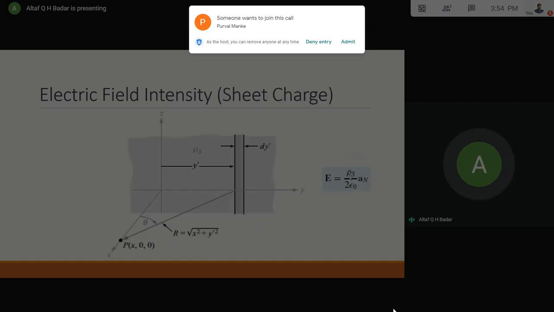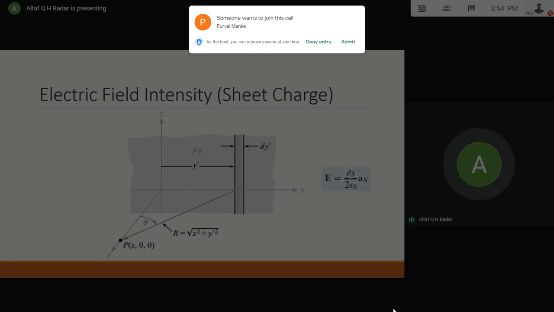Let us move to electric field intensity because of sheet charge. Now that we know already about how a line creates its own electric field intensity, in a similar way we create it for the sheet charge also.